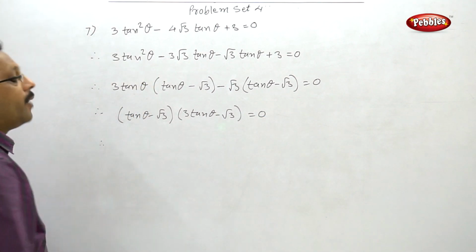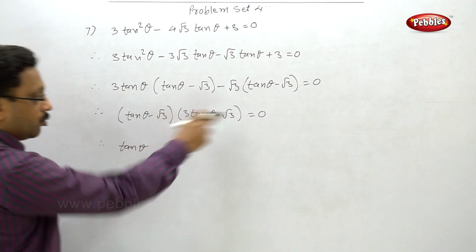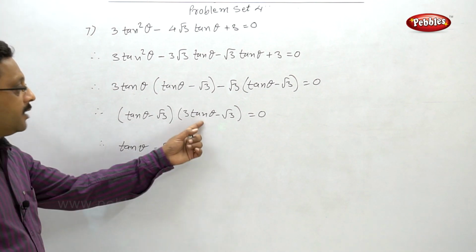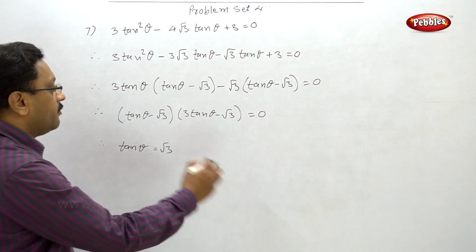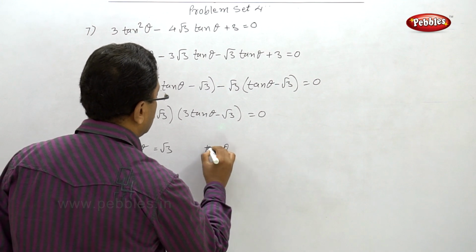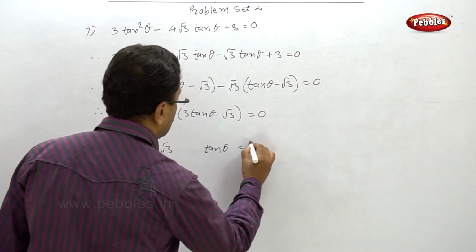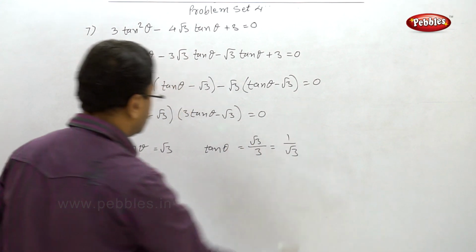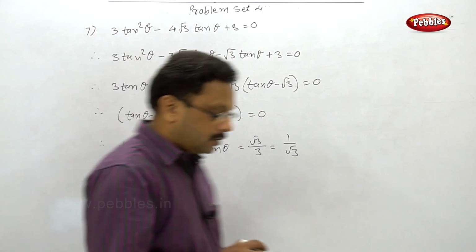So now I'll get two values of tan theta. tan theta minus root 3 is 0, so tan theta will be equal to root 3. And 3 tan theta minus root 3 equal to 0, so I will have tan theta equal to root 3 upon 3, that is nothing but 1 upon root 3. So when tan theta is root 3, what is the angle?